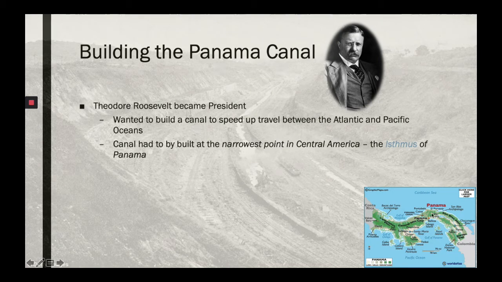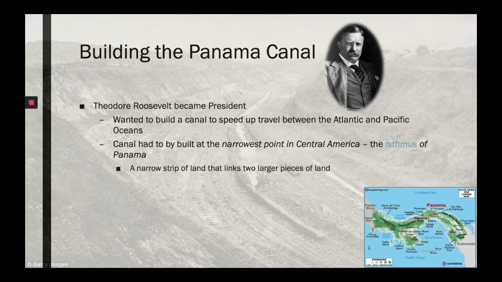You can see it borders Colombia to the south, Costa Rica to the north, and the Isthmus of Panama, which would be the narrowest point right in here, that's where the canal wanted to be built. So they actually had to destroy millions of tons of earth, blowing it up with dynamite and hauling it off on trains, as you can see in the background picture here, in order to get this canal built.